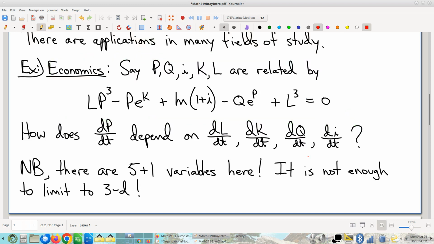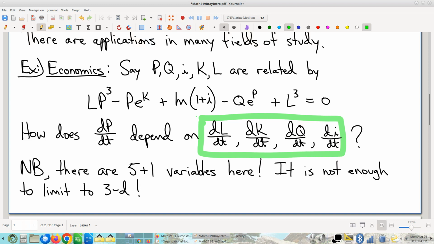Okay, so let's ask the question then. Let's suppose I start fiddling around with the values of 4 of those variables. Let's suppose maybe I increase L and I decrease K and I increase Q and I increase I at certain rates. Okay, well, wait a second. The equation's got to hold. If you just go around changing the values of the variables in an equation, the equation won't work anymore, unless you change the remaining variable in whatever way is necessary to compensate for that, right?